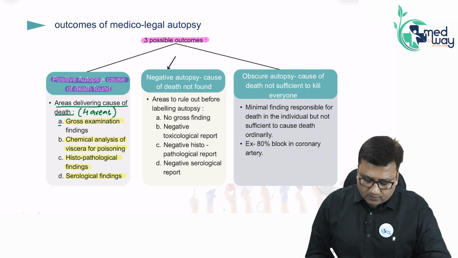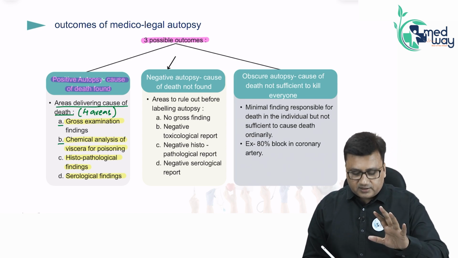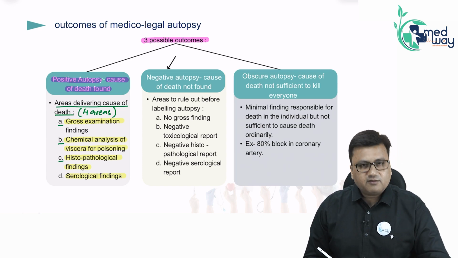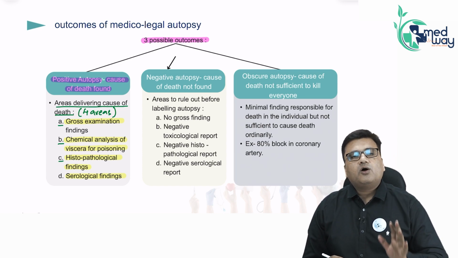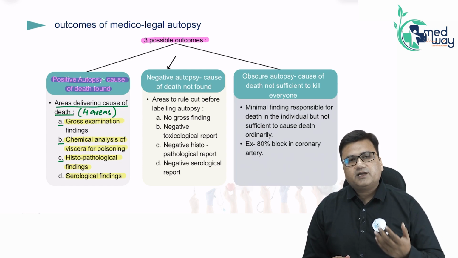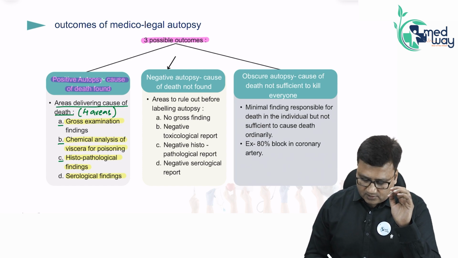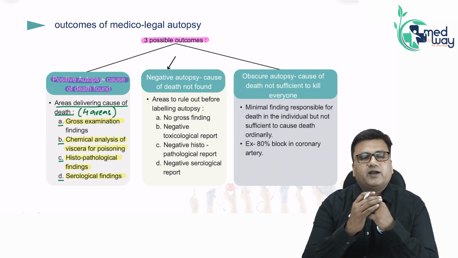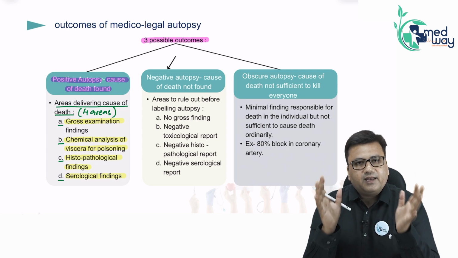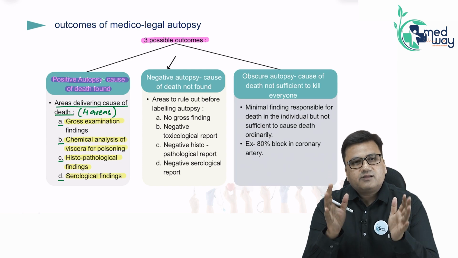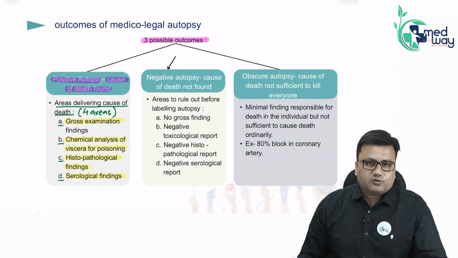Number 1 is gross examination, number 2 gross examination negative but poison positive, or number 3 gross examination negative, poison negative, histopathological finding positive, or number 4 gross examination negative, poison negative, histopathological finding negative, but serological finding positive. In any way we got the cause of death, and this is called as positive autopsy.